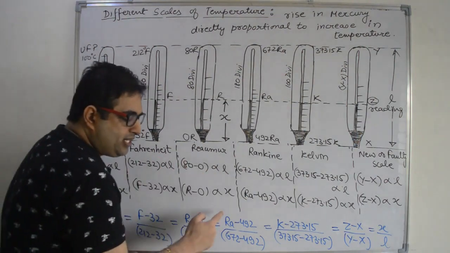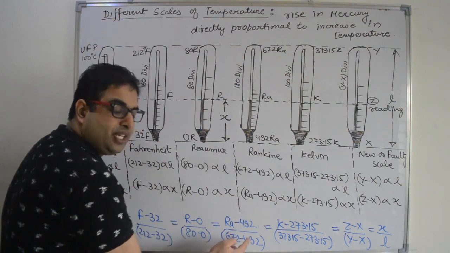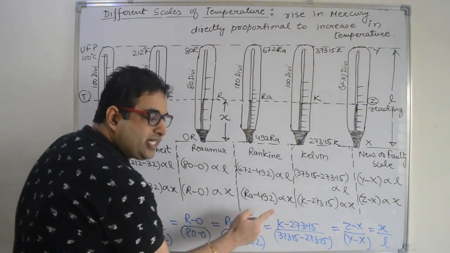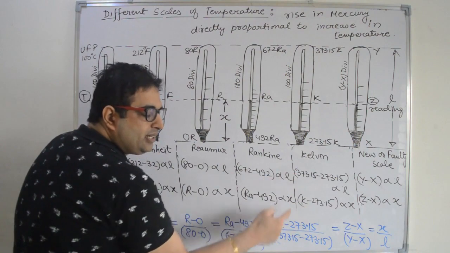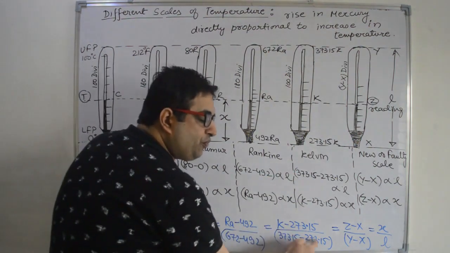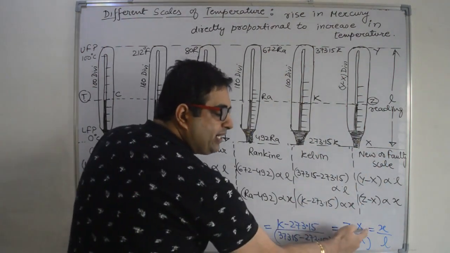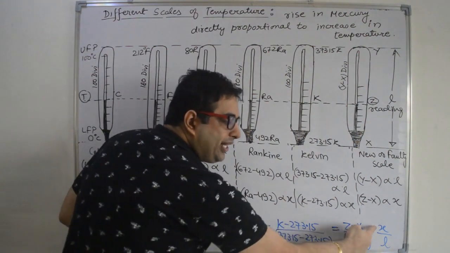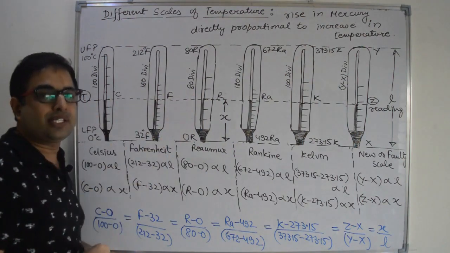For Rankine, it is RA minus 492 divided by 672 minus 492. Equal to, for the Kelvin scale, K minus 273.15 divided by 373.15 minus 273.15. And for the new or faulty scale, it is Z minus X divided by Y minus X. All these ratios are equal to x by L. x and L are the same for all the scales.